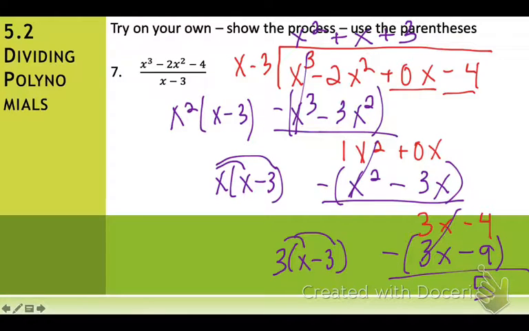So that means that x minus 3 is not a factor of that because it does not go in evenly. So to finish off my answer, since this is positive, I'm going to write plus 5 over x minus 3. And that is my final answer for that one.